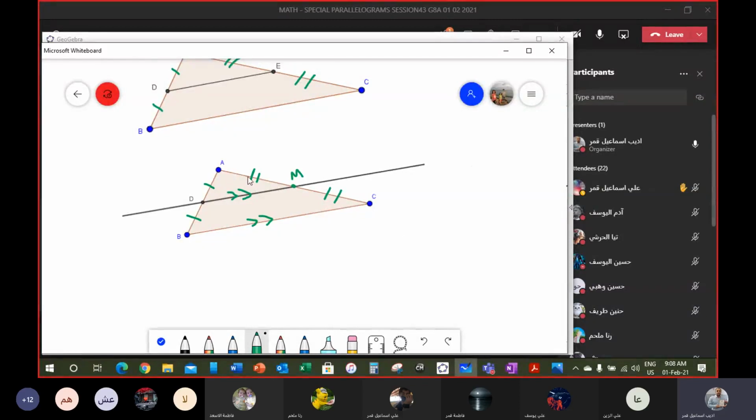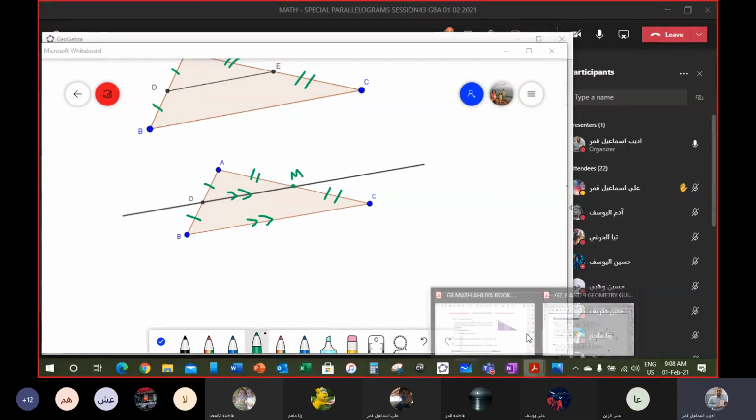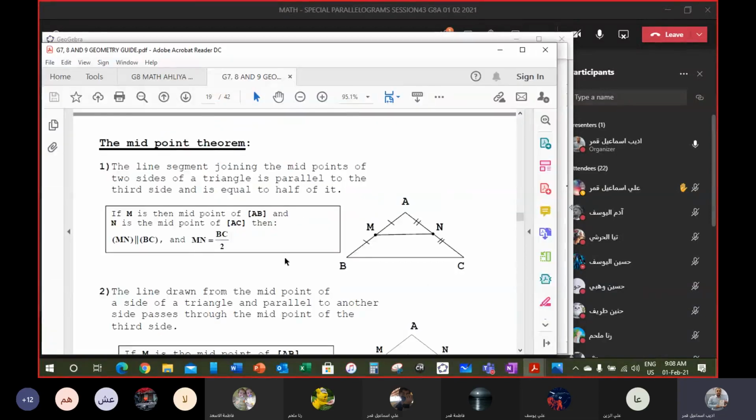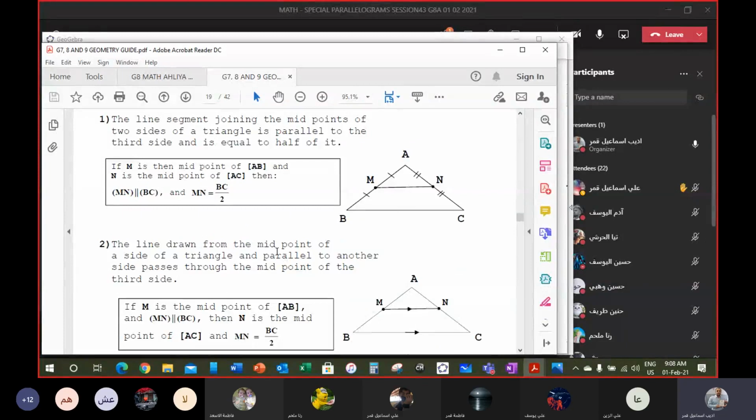So we read the converse of the midpoint theorem here. The line drawn from the midpoint of a side of a triangle, meaning from M which is the midpoint of side AB, we draw a line parallel to another side, MN is parallel to side BC. Then it passes through the third side at its midpoint.